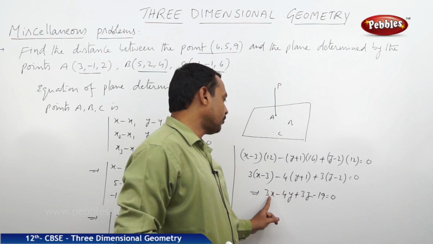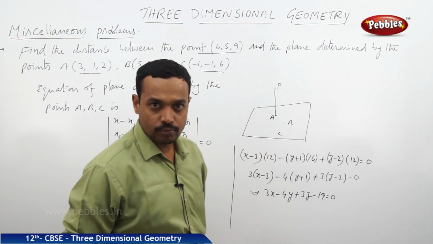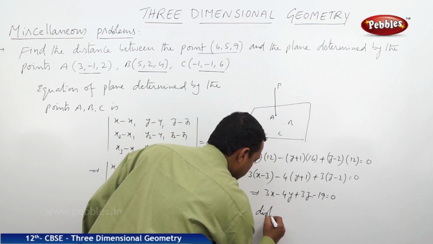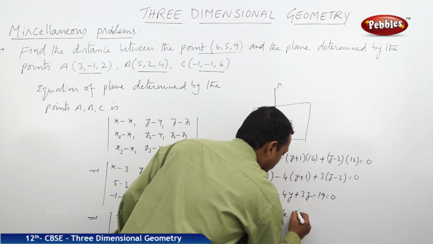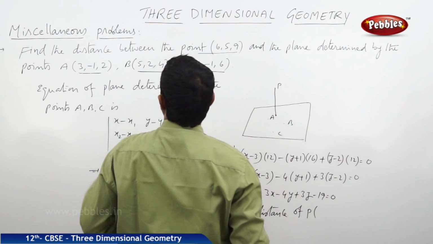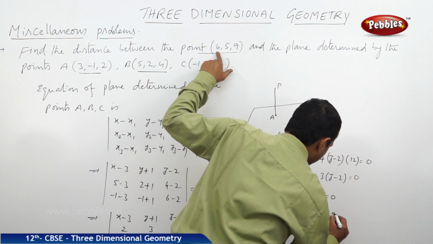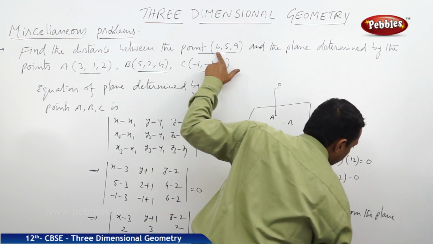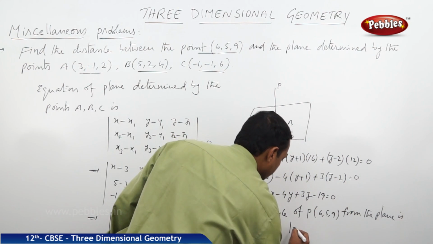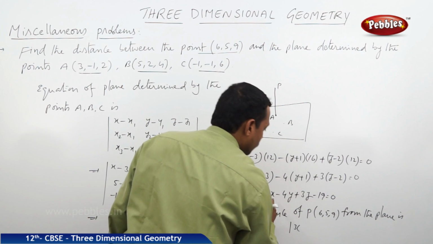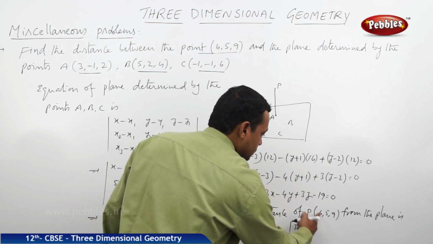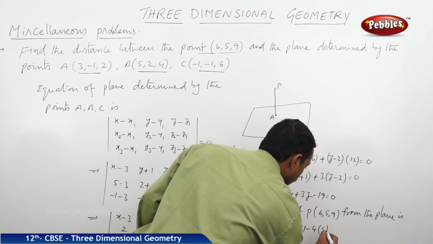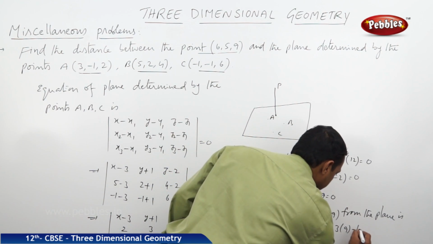So when the plane is in the form of ax plus by plus cz plus d is equal to 0, then the perpendicular distance of the point P whose coordinates are 6, 5, 9 from the plane is the modulus of a into x, that is we can substitute 6 in place of x, 3 into 6 minus 4 into 5 plus 3 into 9 minus 19.